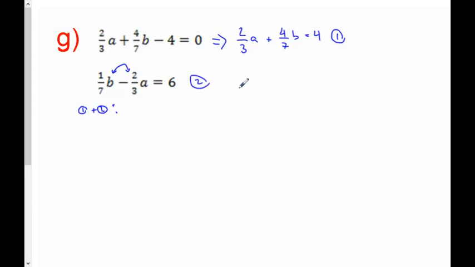But keep in mind, when we eliminate, we're going to be eliminating 2 over 3a, right? I have 2 over 3a in both equations. Once I eliminate 2 over 3a, half the fractions are gone, right? So try doing that yourself, and then if you're still stuck, you can keep watching, or otherwise, if you get the answer, then hit play and you'll be able to double check that you got the same answer as I did.